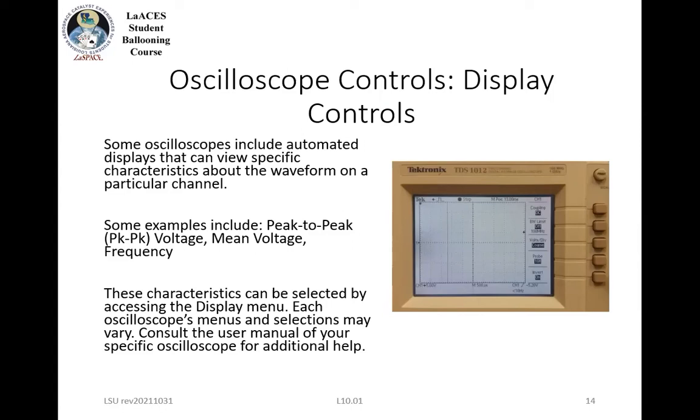Without knowing what model of scope you have, it's really hard to tell you how to do that. So basically, you want to look at the manual for the particular scope that you have access to. You want to familiarize yourself with all the different menu options.